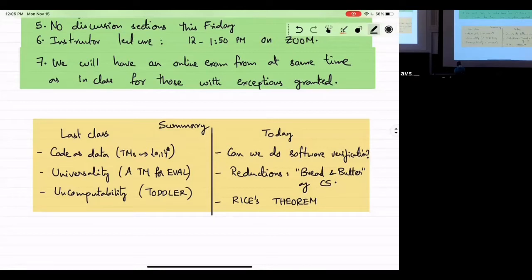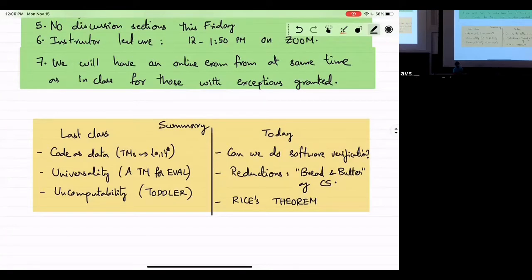And what we'll do today is push our understanding of computability even further. And it might seem like the toddler function was doing something completely weird, right? What if it's uncomputable? Why would I care about what the machine is doing on its own input? It's something that seems to be defined just so that you break the definition, right?